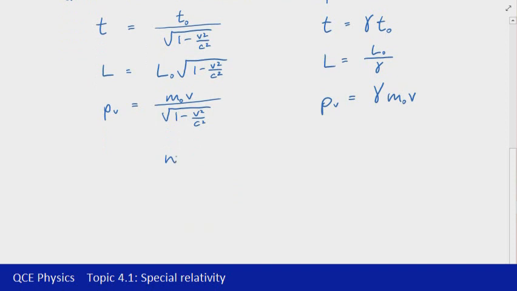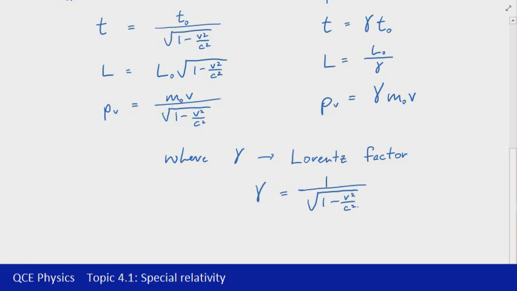It's known as the Lorentz factor, and as you might have guessed, the Lorentz factor incorporates that square root term. So gamma is equal to 1 over the square root of 1 minus v squared on c squared. We're going to focus now on that factor because it ties into all three of those relationships.